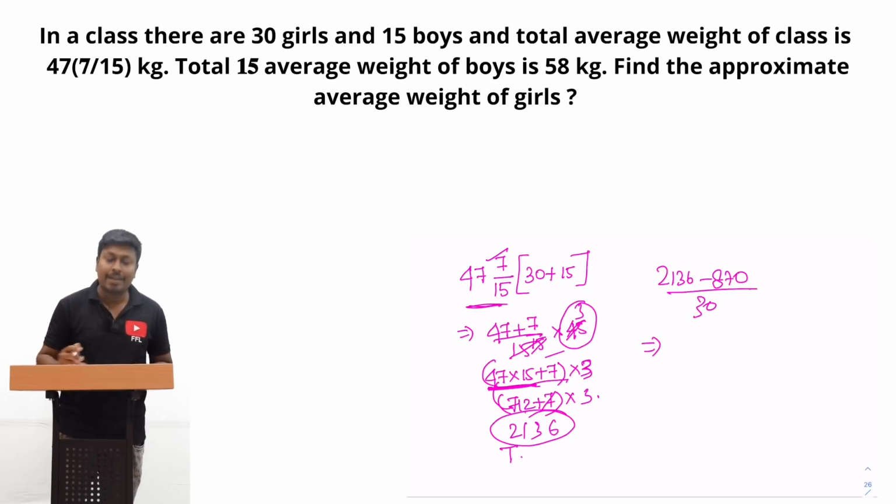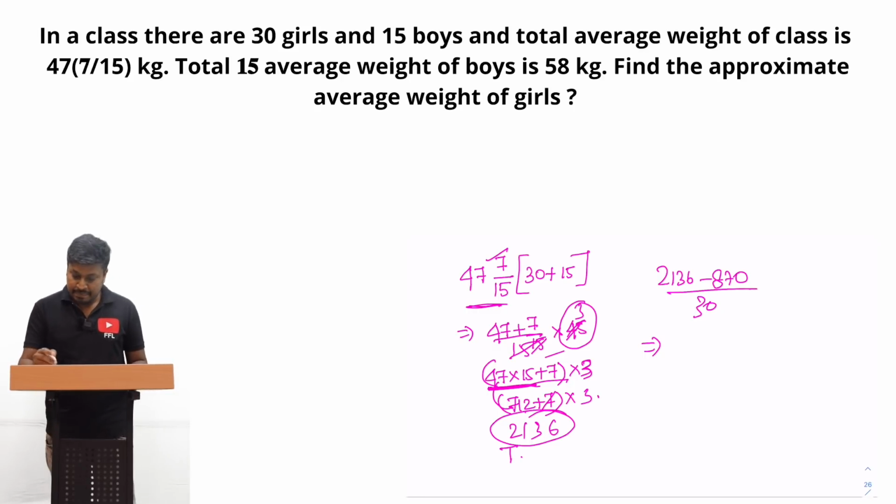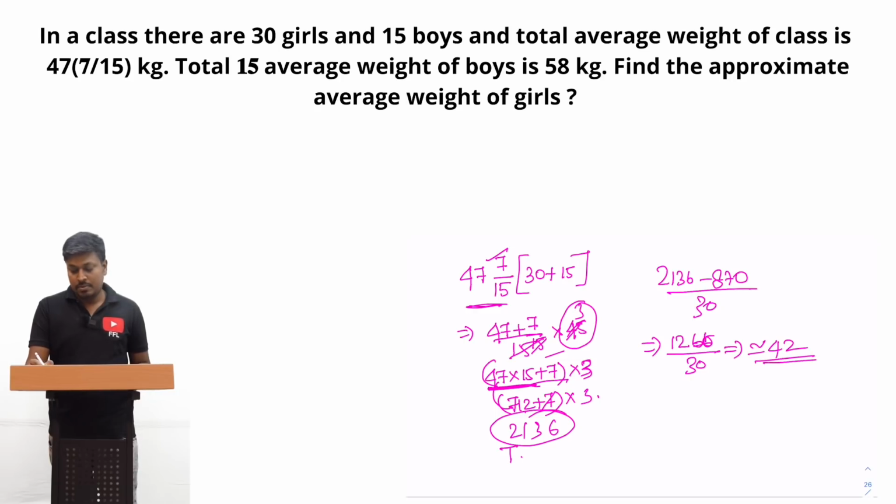So when you subtract this, this becomes 1266 divided by 30, which is approximately 42.